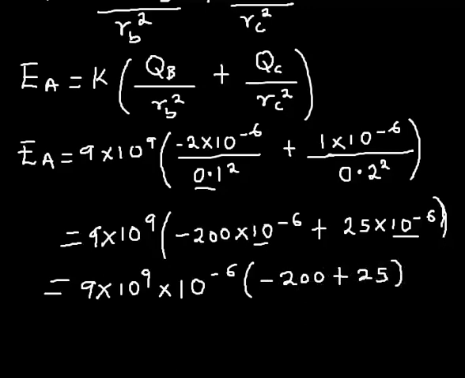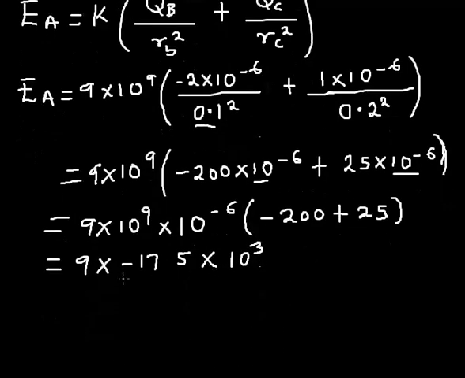That's minus 175. So that's what I have inside this bracket. So I'm having 9 times minus 175, then times 10 raised to the power 9 times 10 raised to the power minus 6. That's going to give me 10 raised to the power 3, since 9 minus 6 is 3.